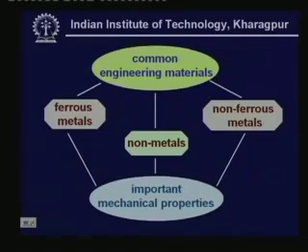And for all the three types of materials, namely ferrous metals, non-ferrous metals and non-metals, one of the important things is the mechanical properties. As I told you in the earlier slide, the first thing is the mechanical property. Whichever material you choose, one has to look for that.